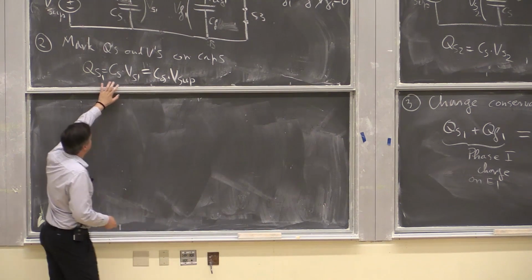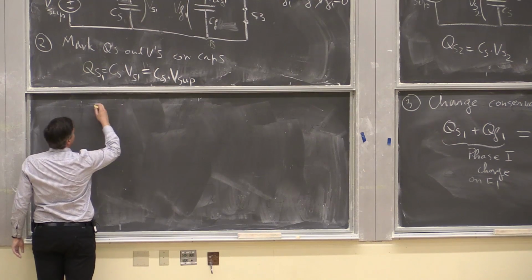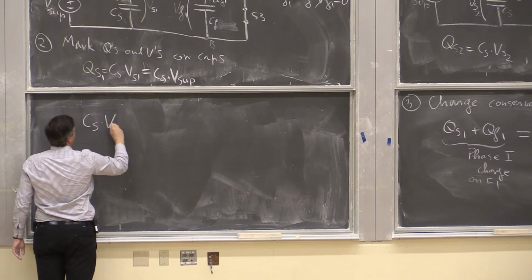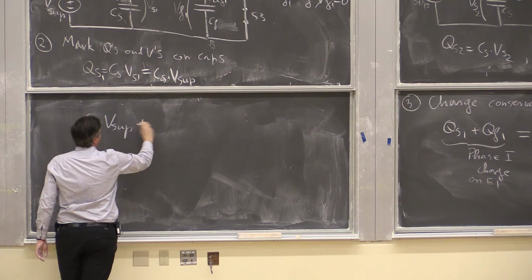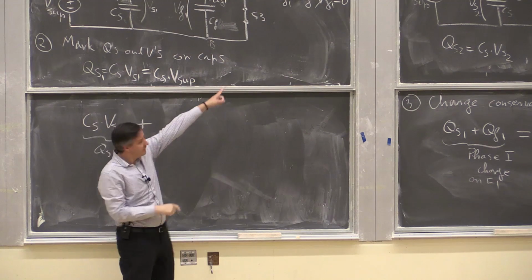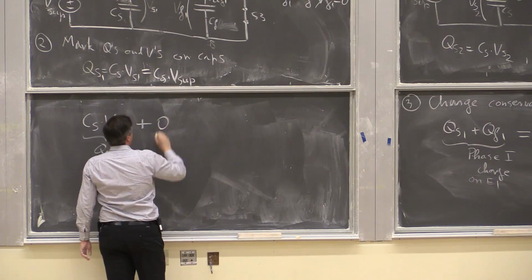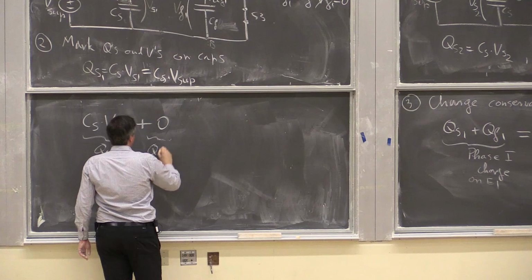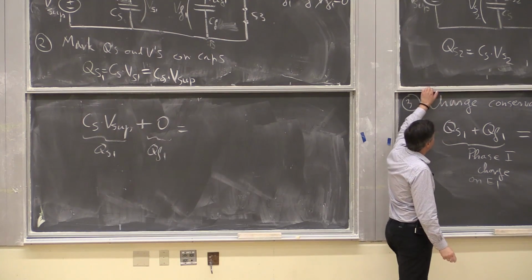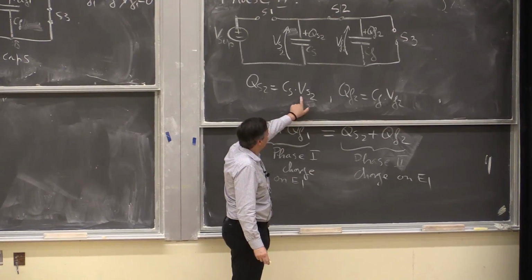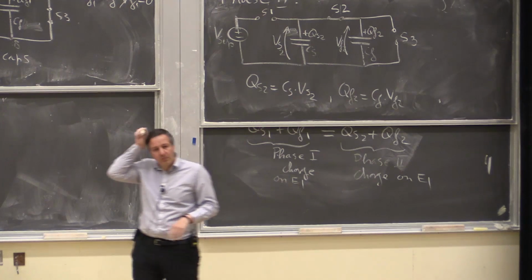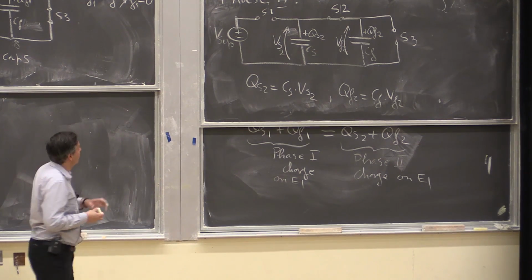So we have CS VS1. QS1 is just CS times V supply. That was our QS1. And then we have 0, that's QF1. And that equals, let's take a look here. What are VS2 and VF2 in this circuit over here?